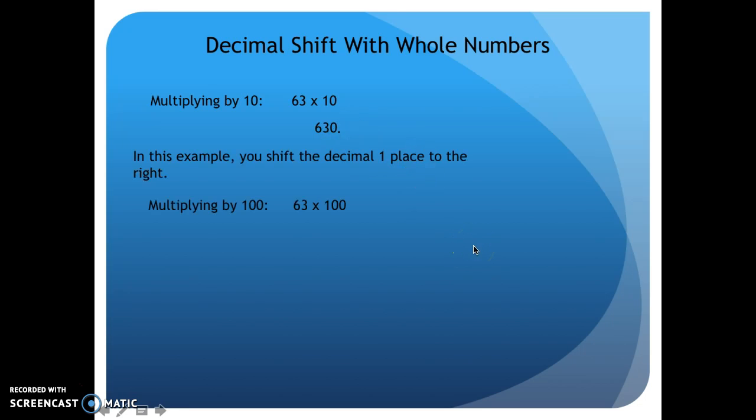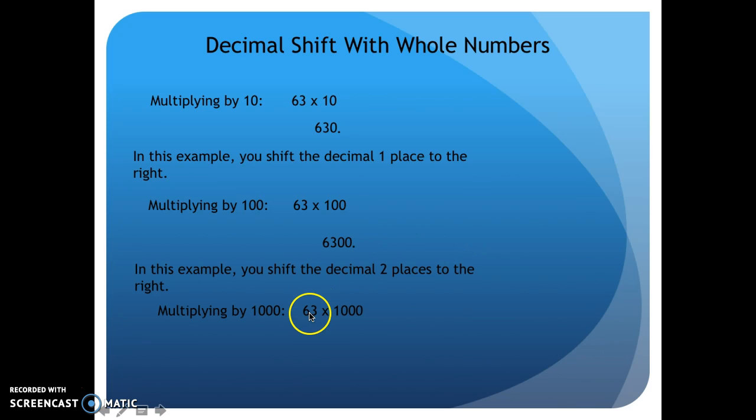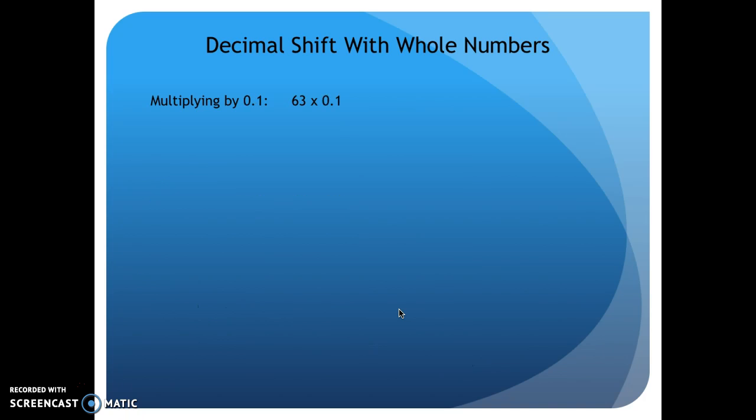Okay, so 63 times 100, in this example, you shift the decimal 2 places to the right. One more. 63 times 1,000. In this example, we're going to shift our decimal 1, 2, 3 places to the right. Okay, easy cheesy. We've already been doing that. That was just a quick review.